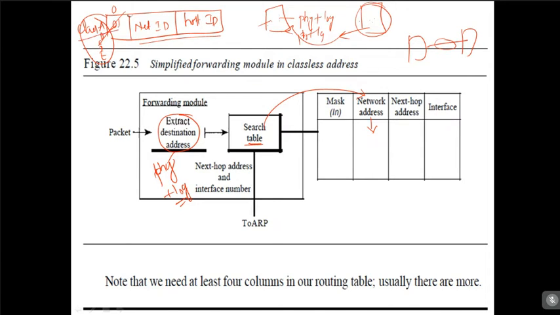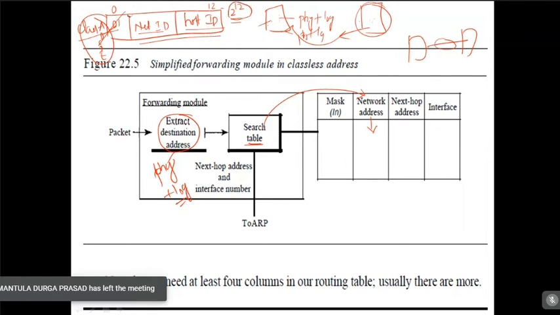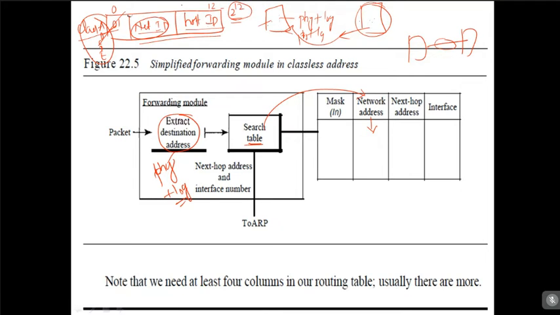Based on the class, the lengths of the network ID and the host ID vary. Suppose the host ID is 12 bits, it means 2 power 12 host devices we can connect. So for connecting 2 power 12 host devices, how many network paths do you need? Suppose you have 12 bits for the network ID, then there are 2 power 12 network paths. So for all these host devices, I have an individual network path.